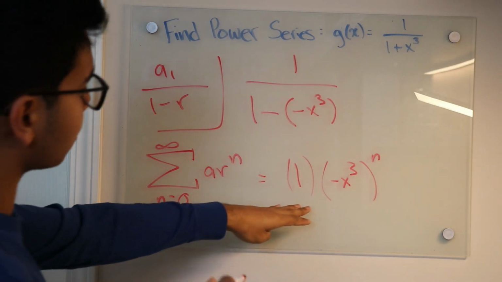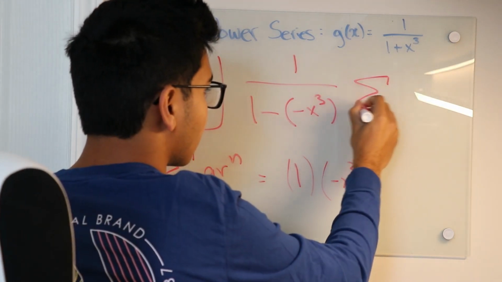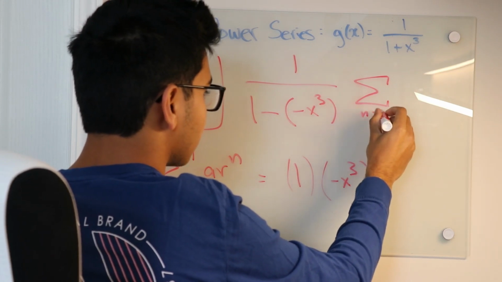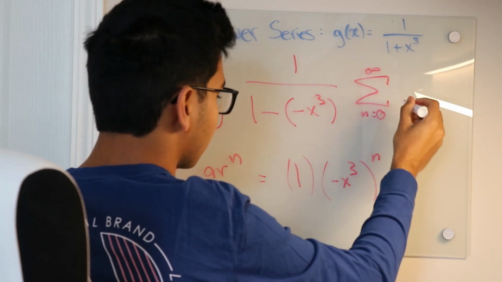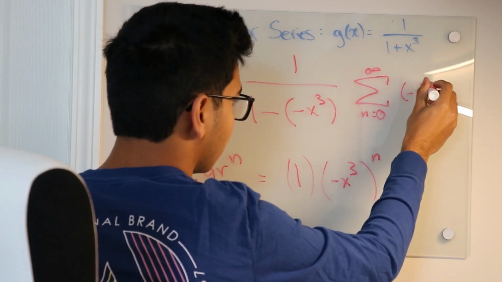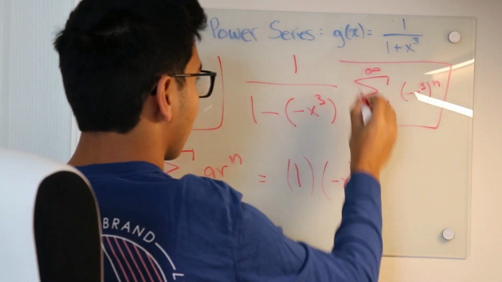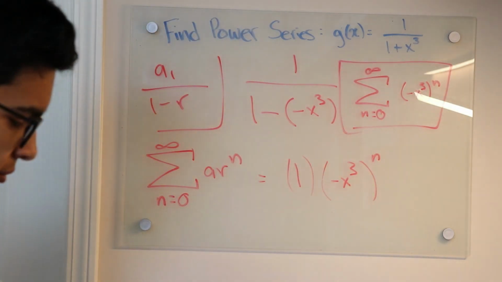So the power series notation of this function is going to be the summation of n equals 0 to infinity of minus x cubed to the nth power. And that's the answer.